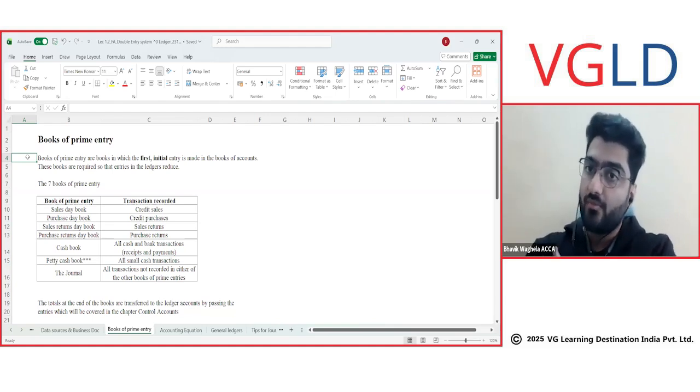Let us try to understand from Reliance Industries' standpoint. Lakhs of transactions are taking place. It will be inconvenient for us to record lakhs of transactions on a daily basis. Will it be humanly possible? No, sir. So what we do is we prepare a sales day book. In a sales day book, all the credit sales that we have entered into are recorded. What do I mean by credit sales?